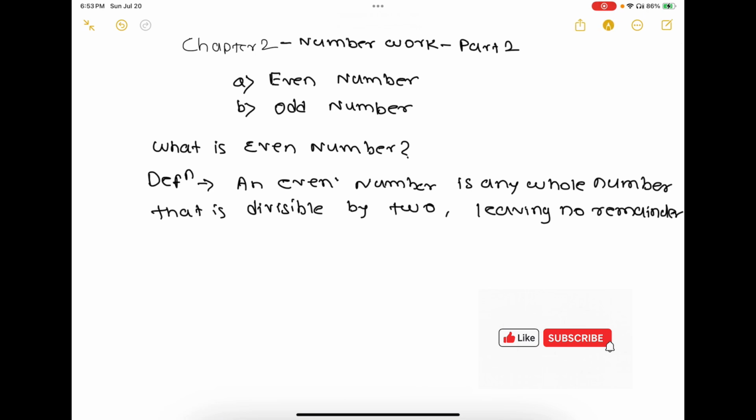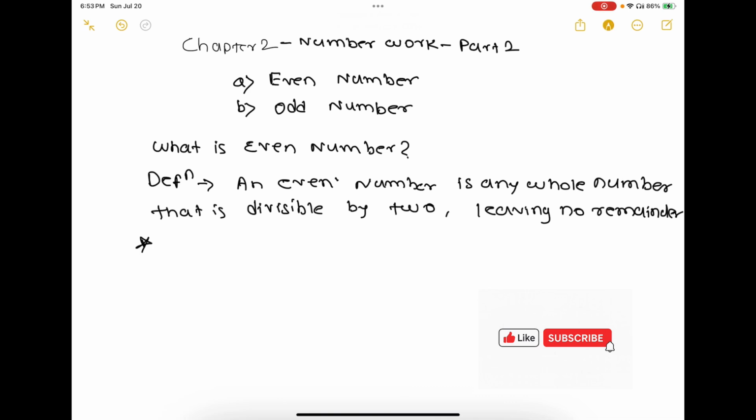In simple language, we can divide even number by 2 and the remainder is 0. And in other words, even number can be divided into two equal parts.